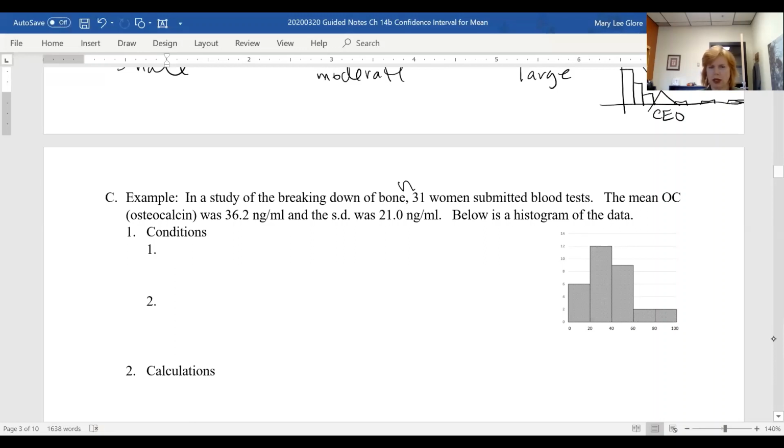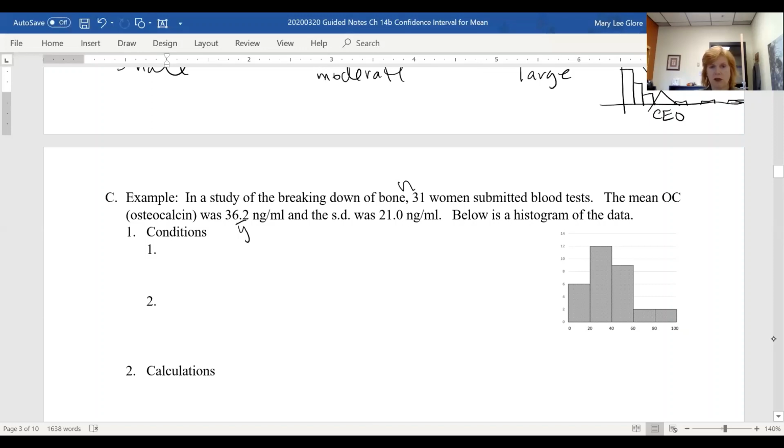This is a mean, so it's either y bar or mu. Y bar measures a sample, the observations we have data for, and we have 31 women who submitted blood tests. This mean is measuring those 31 women, so that makes this y bar.